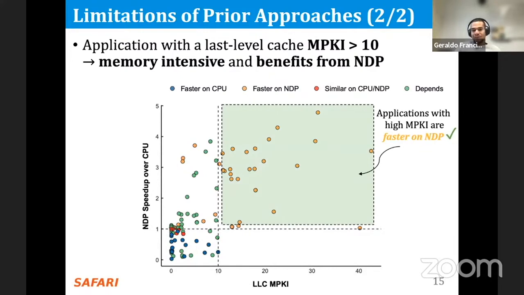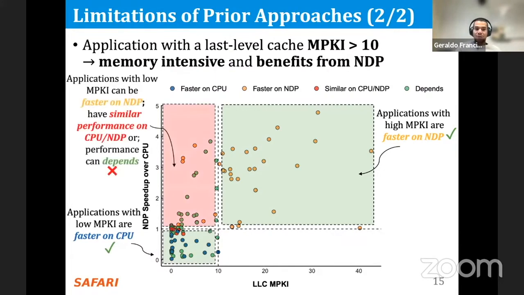First, applications with high MPKI do benefit from data processing, as prior works have shown. Also, applications with low MPKI are faster on the CPU system. However, we see that there is another group of applications with low MPKI that can either be faster on an NDP system, have similar performance on the CPU or NDP system, or have performance that depends on system configurations.